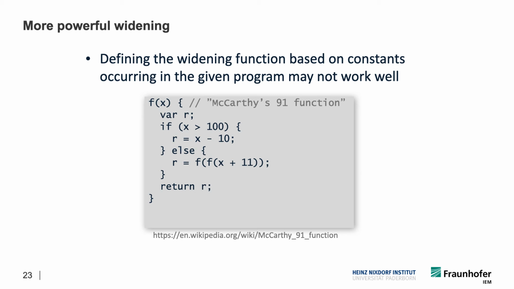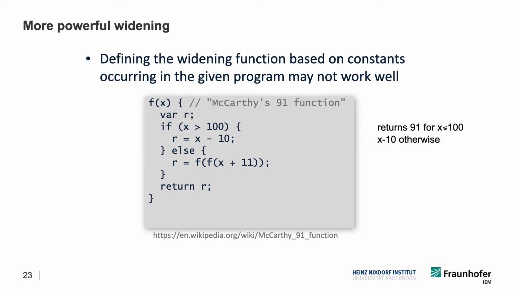It's called McCarthy's 91 function, and it's meant to be a challenge for formal program verification. And that actually has some interesting properties where you see that this approach somewhat fails, because if you carefully look at what this function here actually returns, it has the following properties.